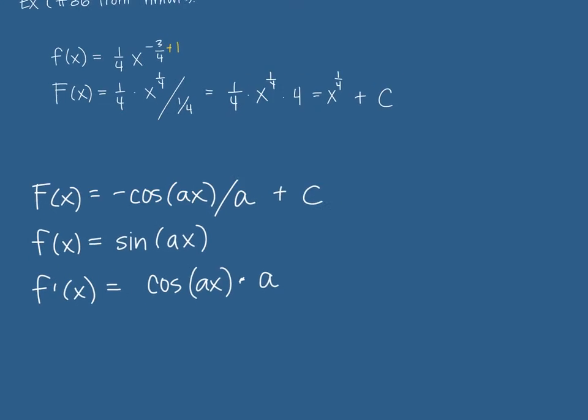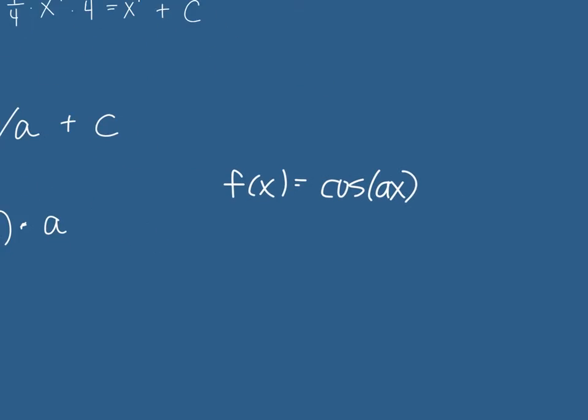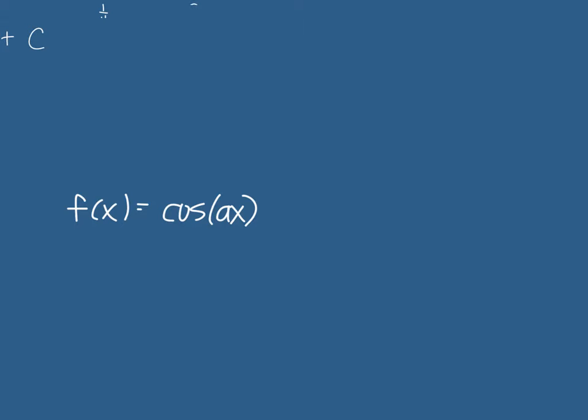All right, so right next to it, we'll do the rule for cosine. We originally started learning cosine ax. So you think about, well, what was the derivative of that? F prime, the derivative of cosine was negative sine ax times the chain rule of a.